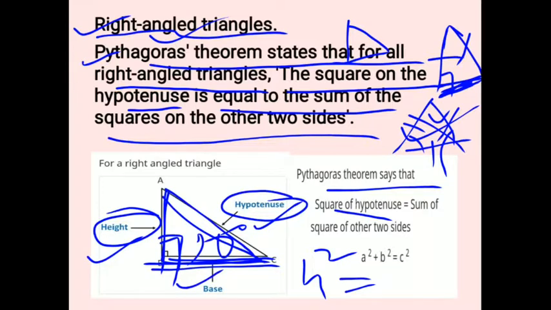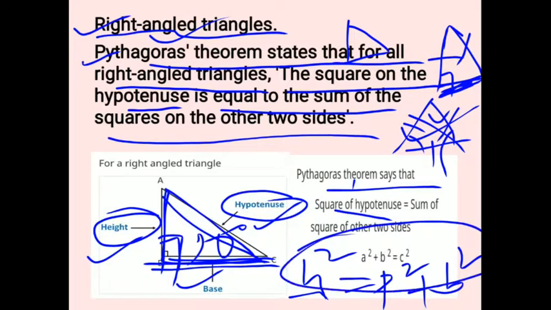You can consider height as p square, because this is also called perpendicular, in which the 90 degree angle is formed, plus b square. b square here is the base. So we will basically say this formula, that is h square equals p square plus b square. Okay, so this is your Pythagoras theorem.